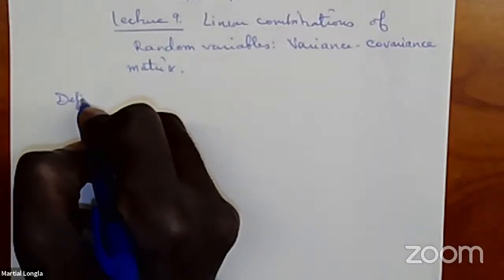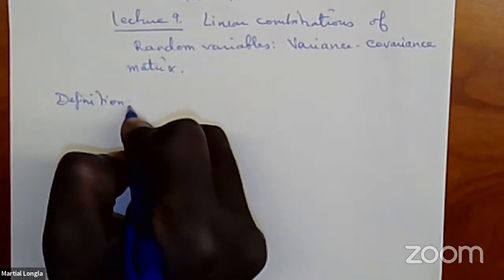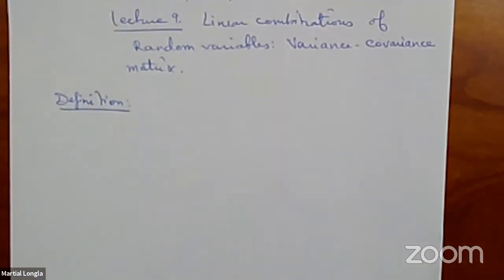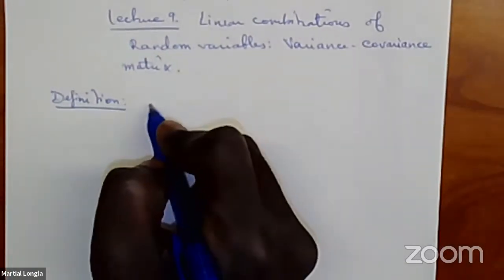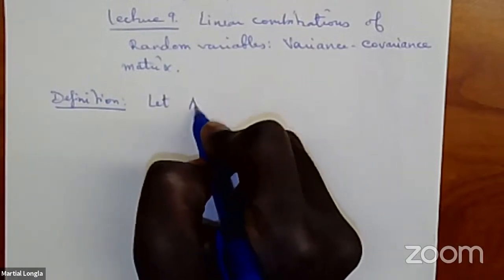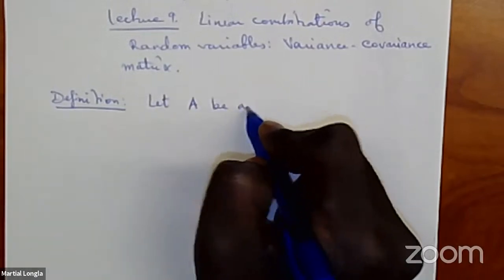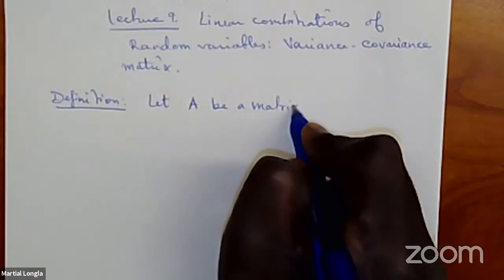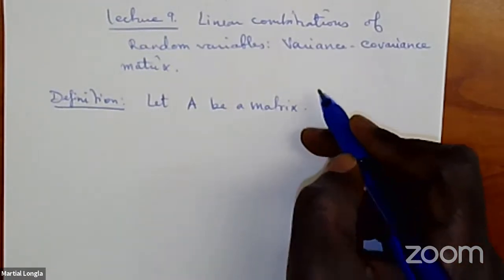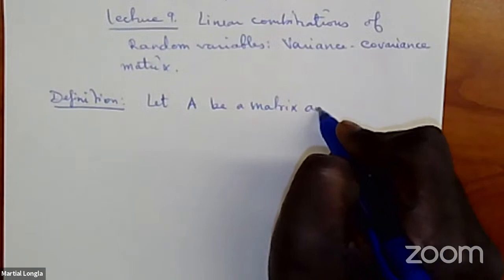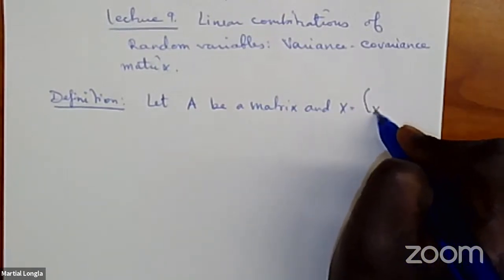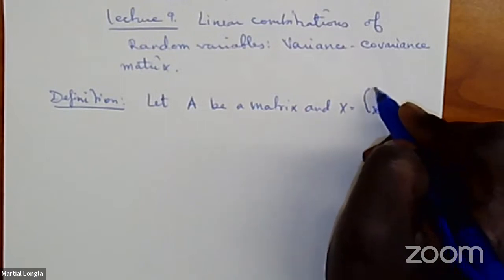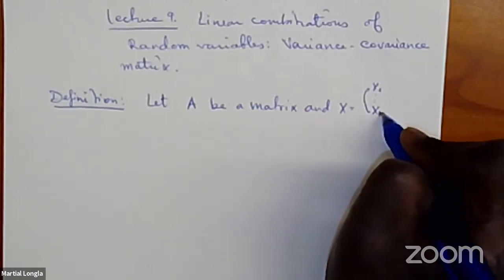All right, so definition. Let A be a matrix, and X equals, usually the vectors are denoted this way, x1 down to xn.